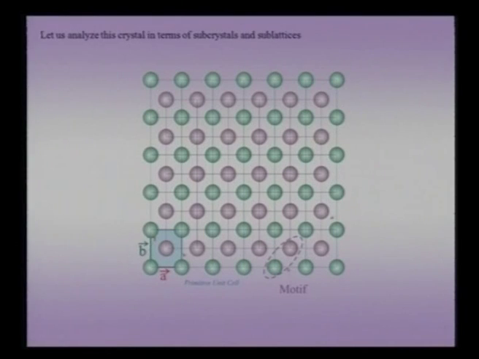So, I am overlaying a grid on top of it, noting that the lines which form the grid have no physical meaning. It is only the vertices of these squares which have physical meaning, which are either lattice points or exactly between two lattice points in the crystal. So, now I have overlaid this grid. Now, I have a green grid and I also have a brown square grid which has been overlaid on this structure.